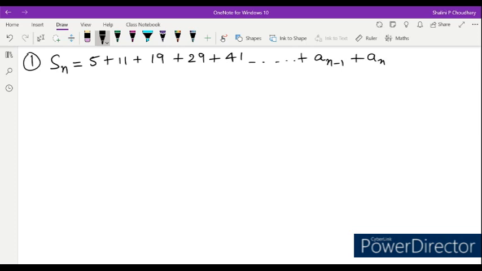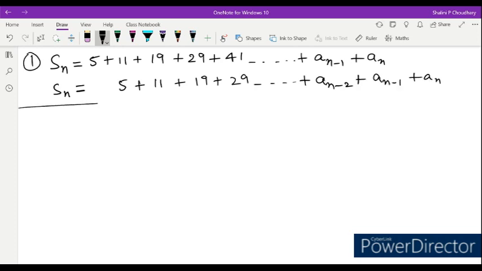Now we have to subtract, but we will not subtract 5 from 5. We'll subtract 5 from 11, from the second term. So 5, 11, 19, 29 and so on, and here there will be a n minus 2, then a n minus 1, and then a n.